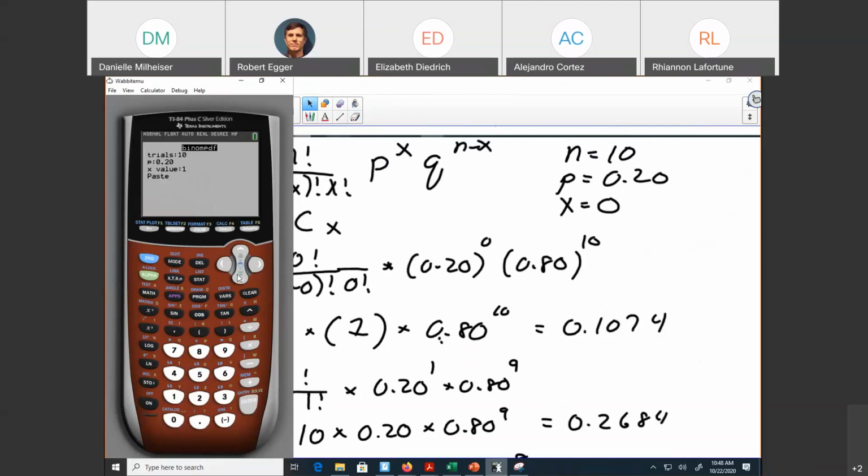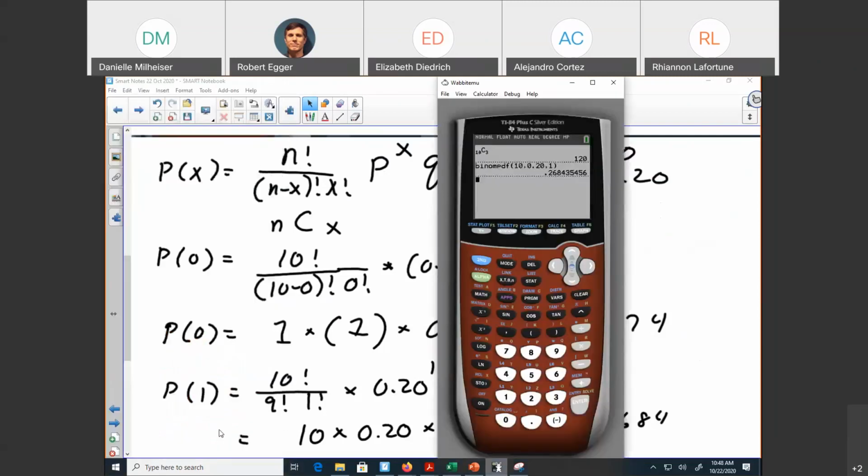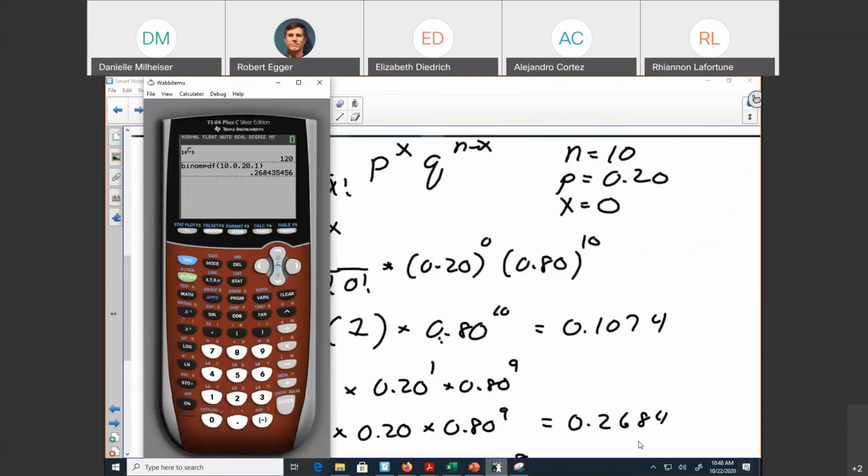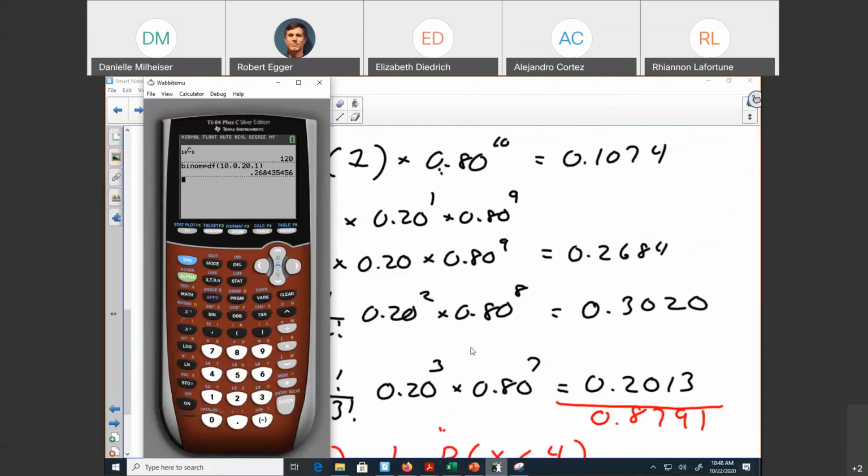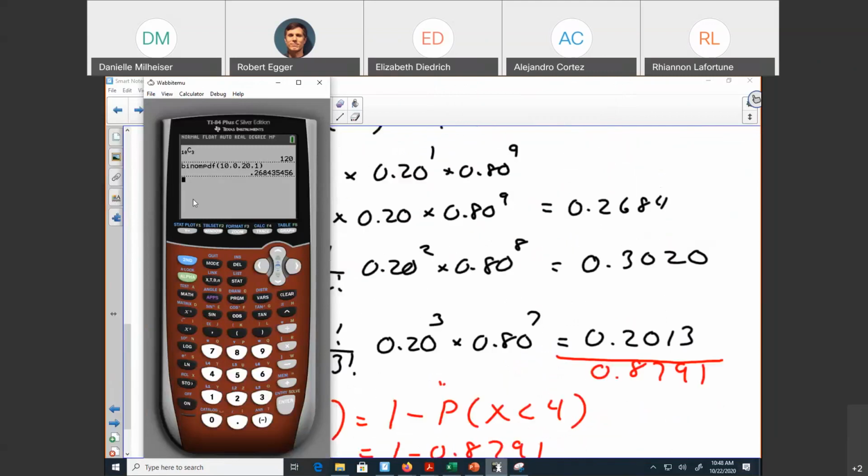Okay. And what do we get? 0.2684. Here's a probability of 1 occurring, 0.2684. So the calculator works. To get a range of them, we want to use the cumulative.